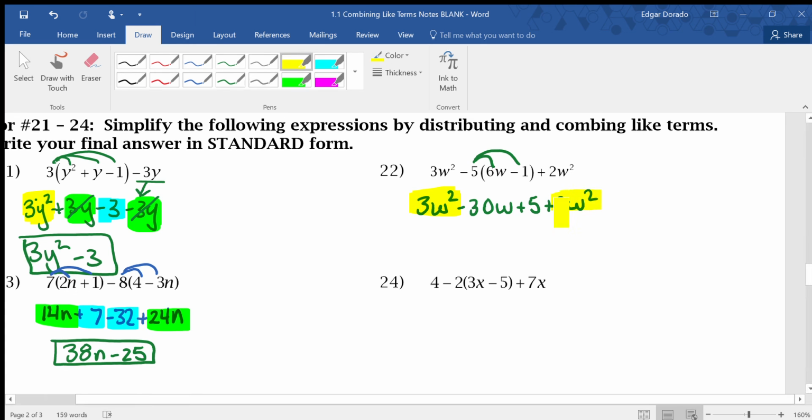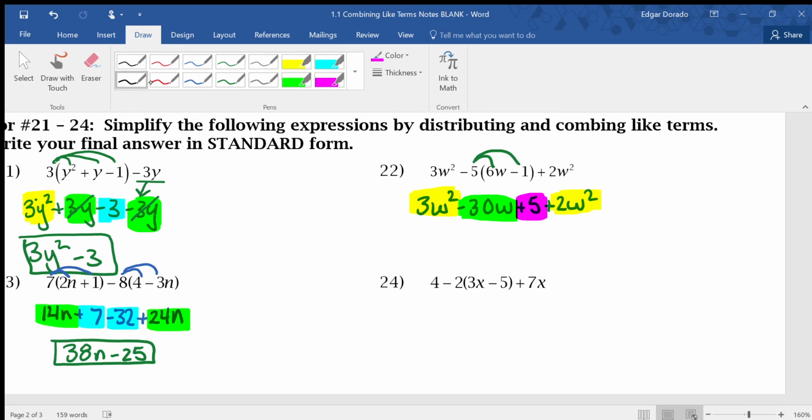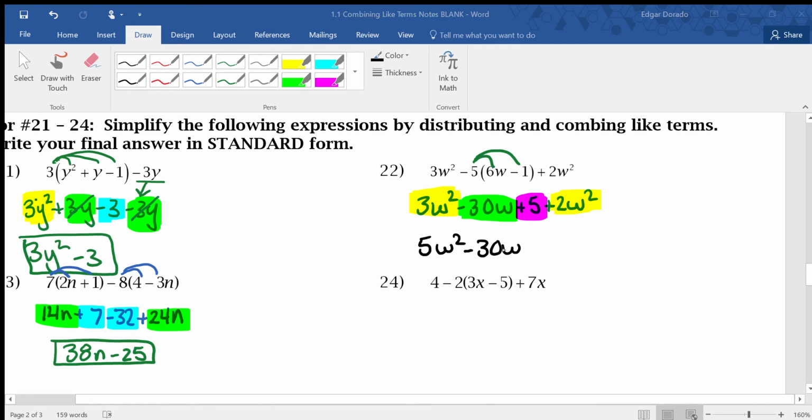I have two terms that have a w squared, so that's 3w squared plus 2w squared, that's 5w squared. Then nothing combines with this negative 30w, so I'm going to rewrite it, negative 30w. And finally, my constant. That is what you should have gotten.